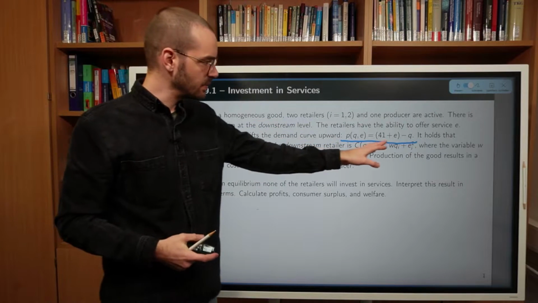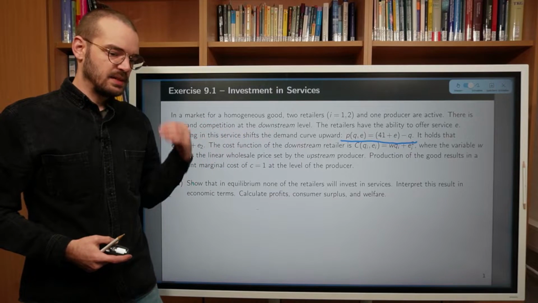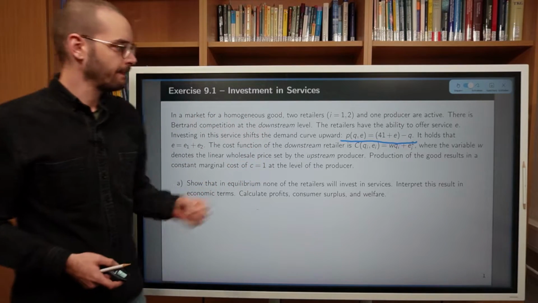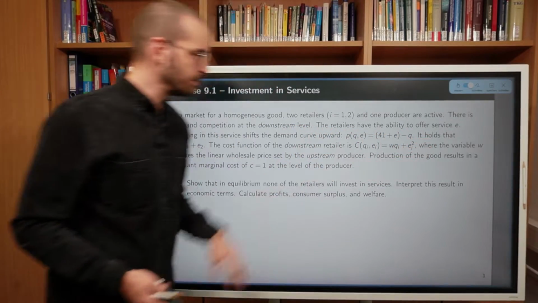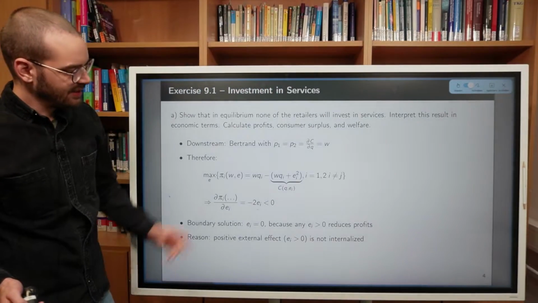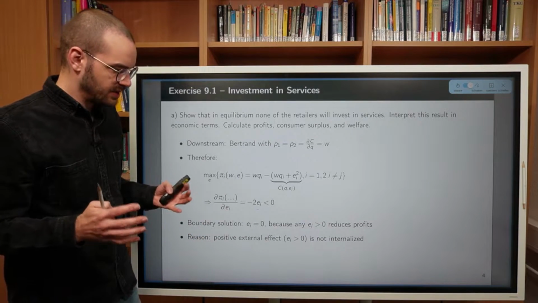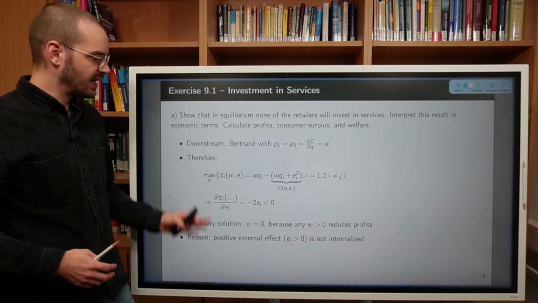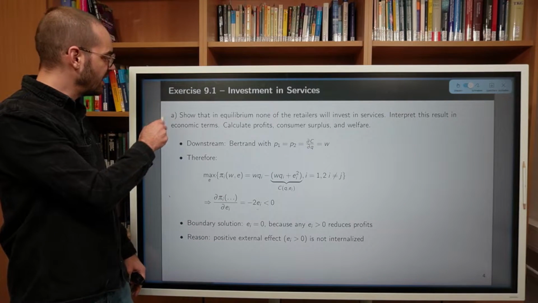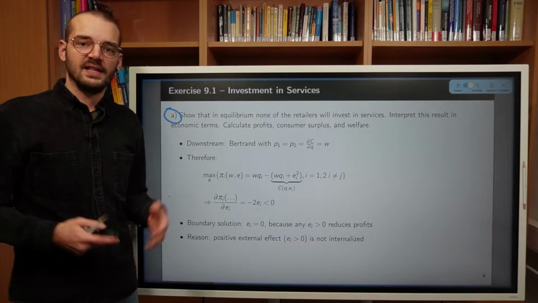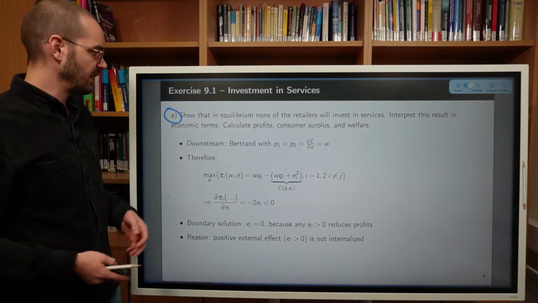So any investment into services has a positive external effect on the other firm. And this positive external effect is not internalized, which is the economic reasoning behind the result of this exercise, or task A rather, where neither firm has any incentive to provide any amount of services in equilibrium.